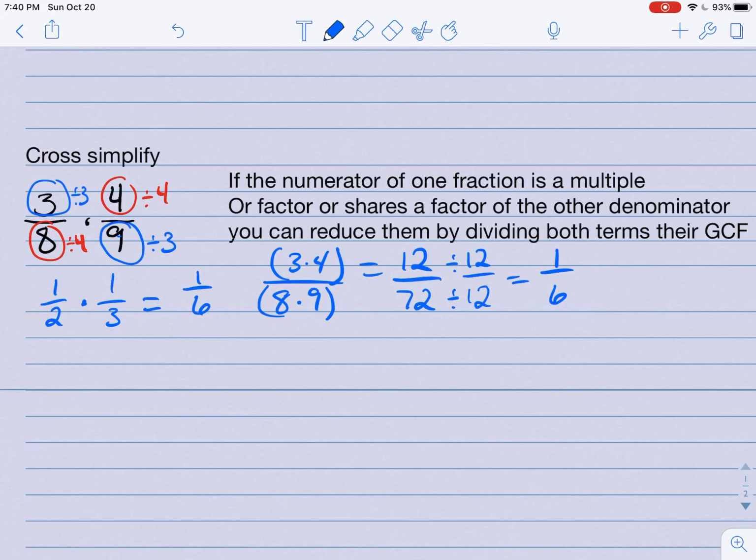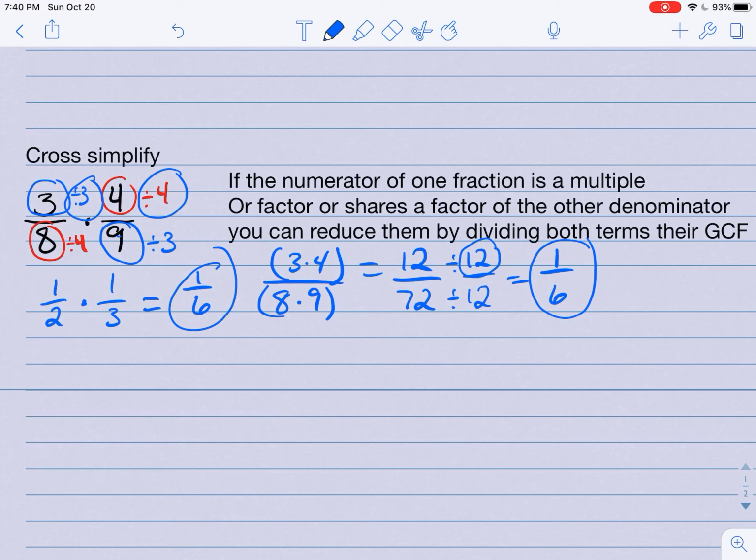So 72 divided by 12 equals 6. 12 divided by 12 is 1. And so we see that these check out. Also, you notice that our greatest common factor of 12 and 72 is 12, which is what you get if you take 3 times 4.